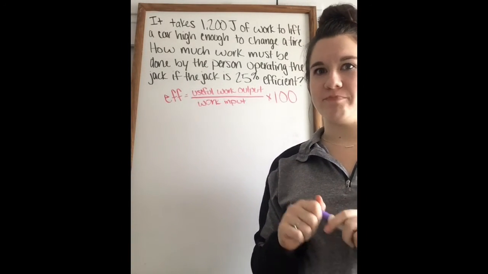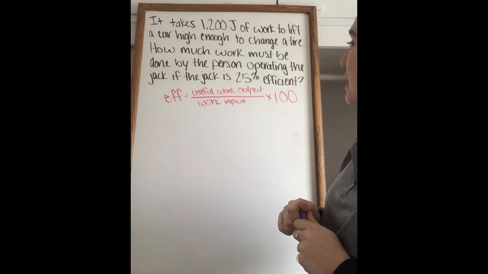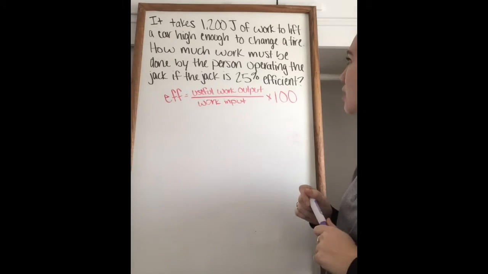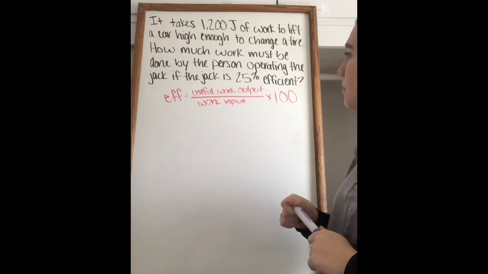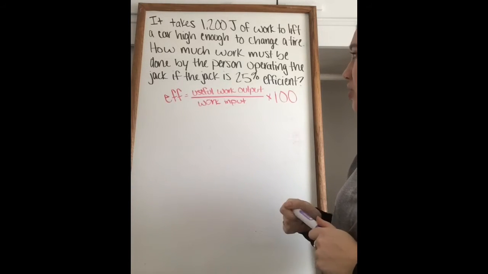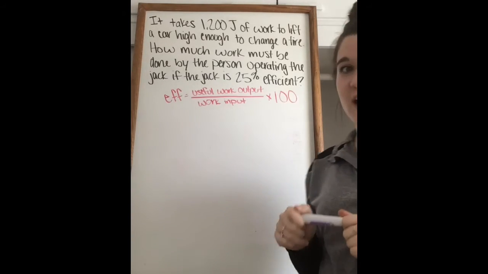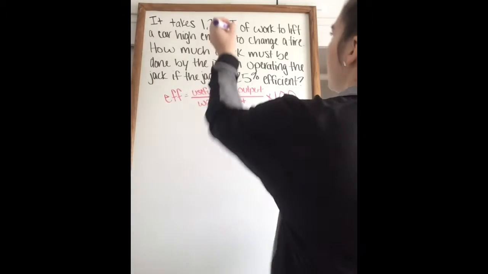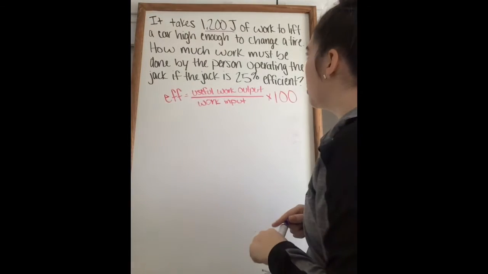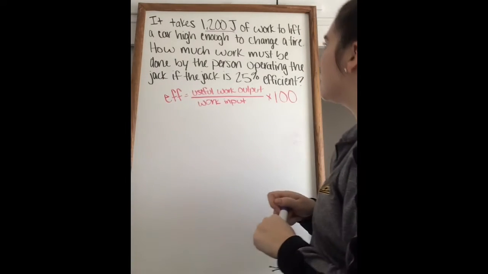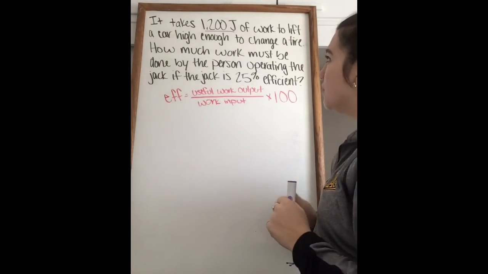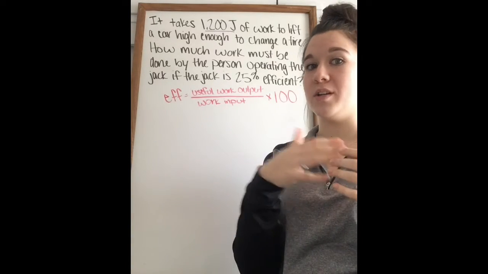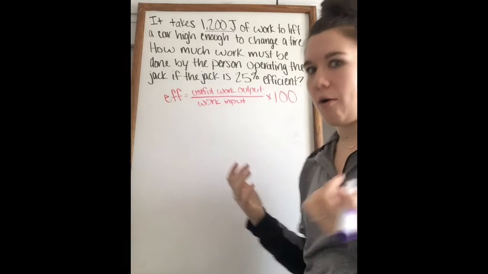Okay, next question. We have, if it takes 1,200 joules of work to lift a car high enough to change a tire, how much work must be done by the person operating the jack if the jack is 25% efficient? So again, let's start with what we know. So we have 1,200 joules, okay, and that's the amount of work to lift a car. So lifting the car, right, is our end goal. That's what we want to get to. So that's going to be our output.